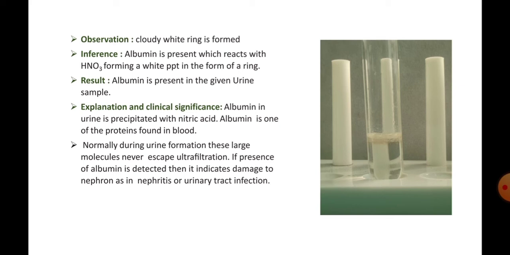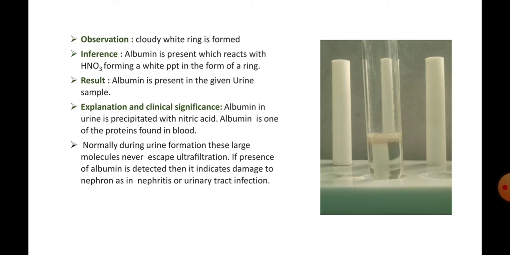Albumin is one of the proteins found in blood. Normally during urine formation, these large molecules of albumin never escape ultrafiltration. But if the presence of albumin is detected, then it indicates damage of nephrons, as in nephritis or urinary tract infection.